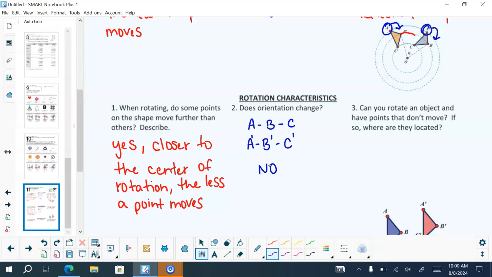Okay? Can you rotate an object and have points that don't move? If so, where is it located? You should have said yes. And that point would be on the center of rotation. So again, I'll draw a little picture here.